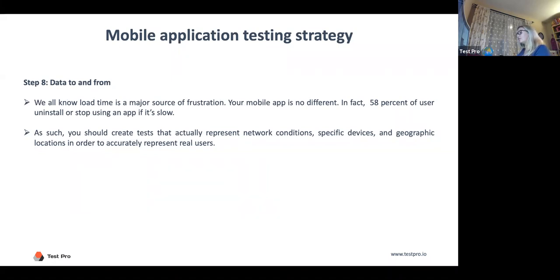We all know that load time is the major source of frustration. So your mobile app is no different. And you know, guys, the fact is that 58% of users uninstall or even stop using an application if it's slow. And guys, who remembers what is the acceptable time for application loading?